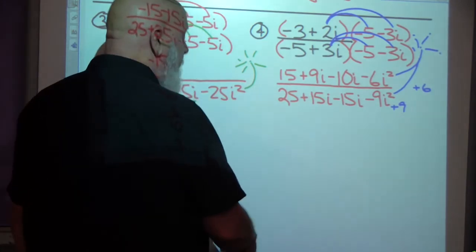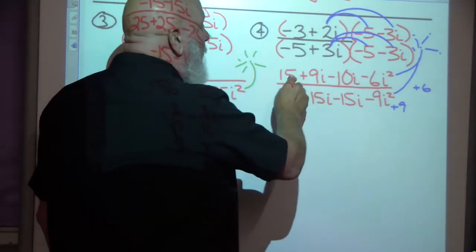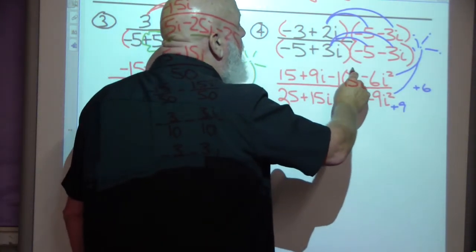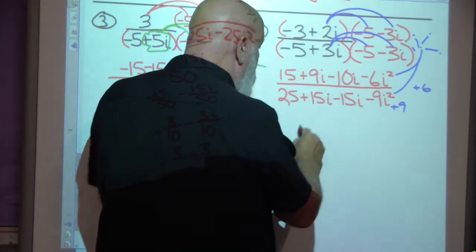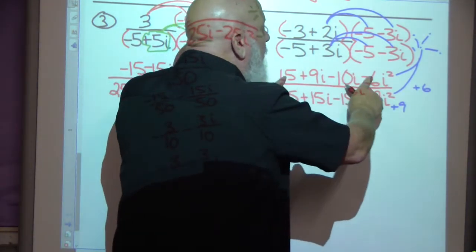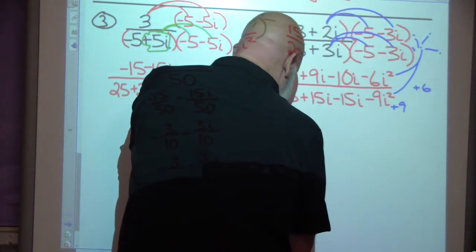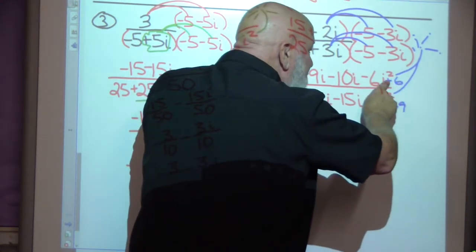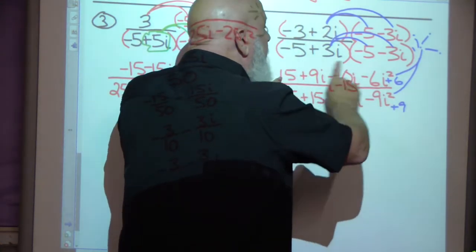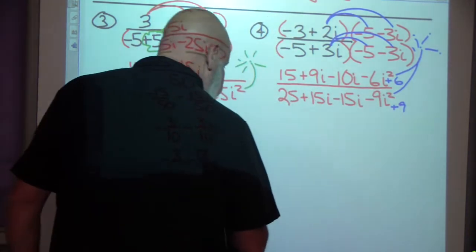So now I'm going to simplify the top. 9i minus 10i, that's negative 1i. So I've got 15. This is negative 6 times negative 1, that's plus 6. That's a plus 6 right there. 15 plus 6 is 21.